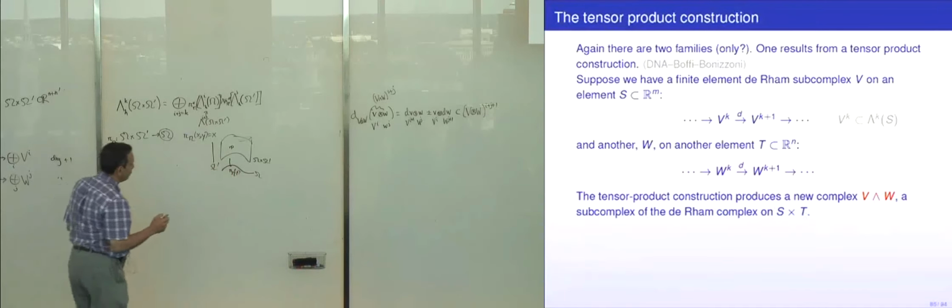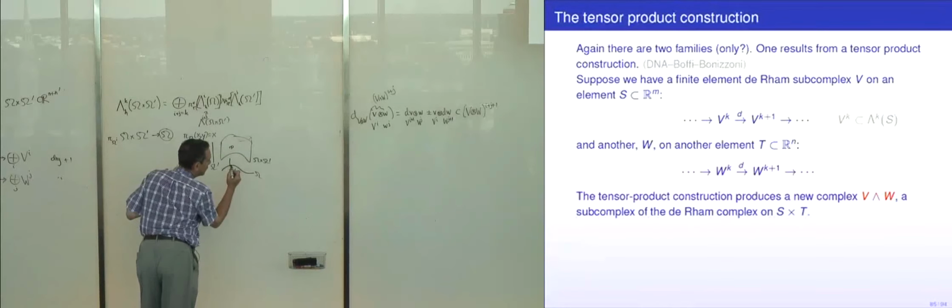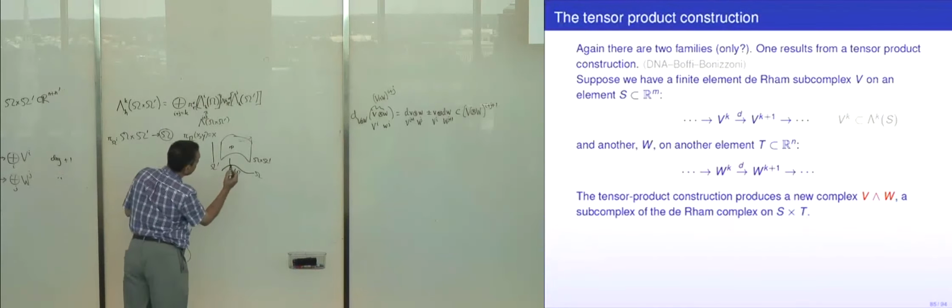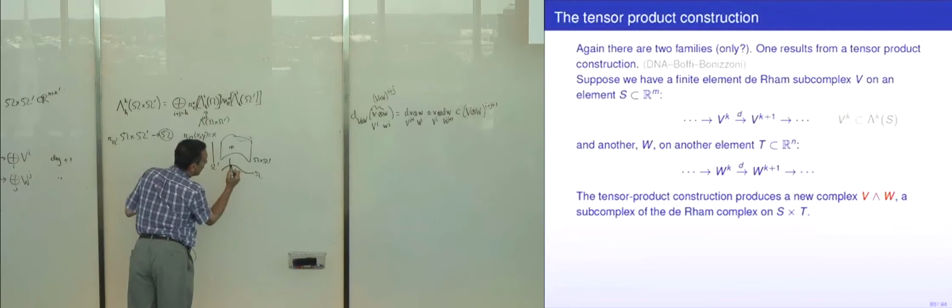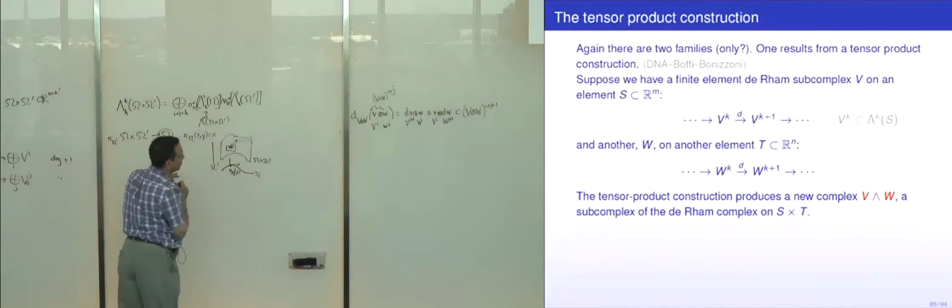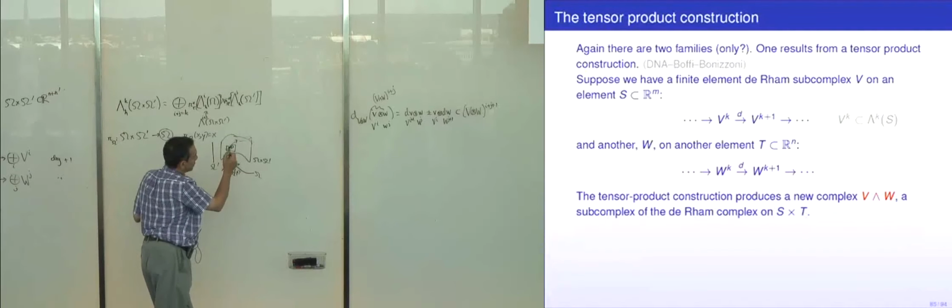So if I have a differential form here, it takes a point on this curve and a tangent vector and gives me a number. Now suppose I want a differential form here. So I take a point on this curve and I have a tangent vector in the tangent space of this.